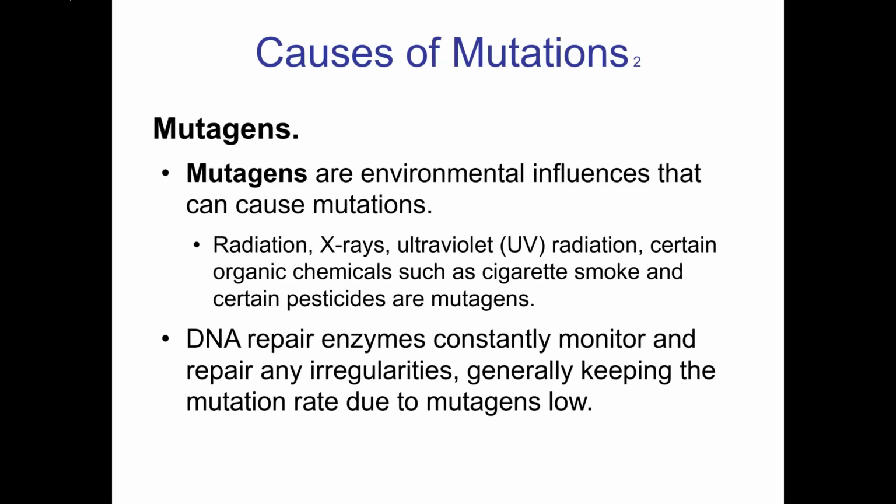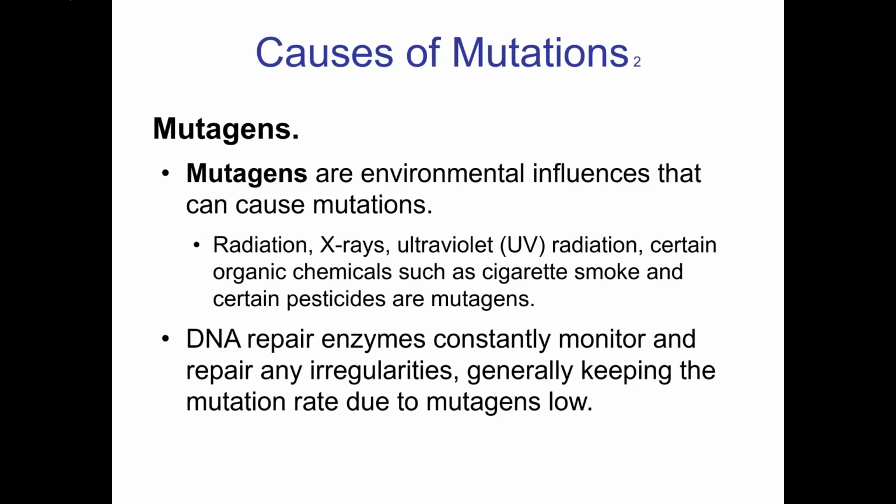Chemicals, so I say chemicals. Cigarette smoke is an example of a chemical. Pesticides are chemicals that can cause mutations in our DNA. And then we have DNA repair enzymes that are constantly checking to make sure our DNA is correct.